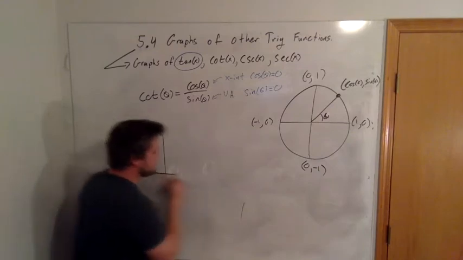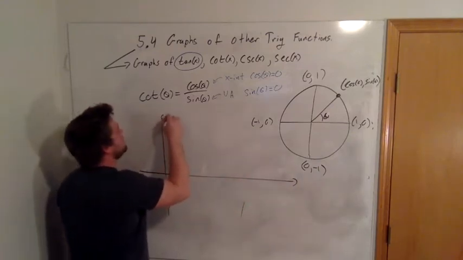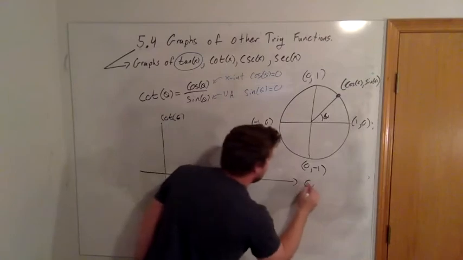So let's just sketch those. We're going to graph cotangent of theta, so here's theta.